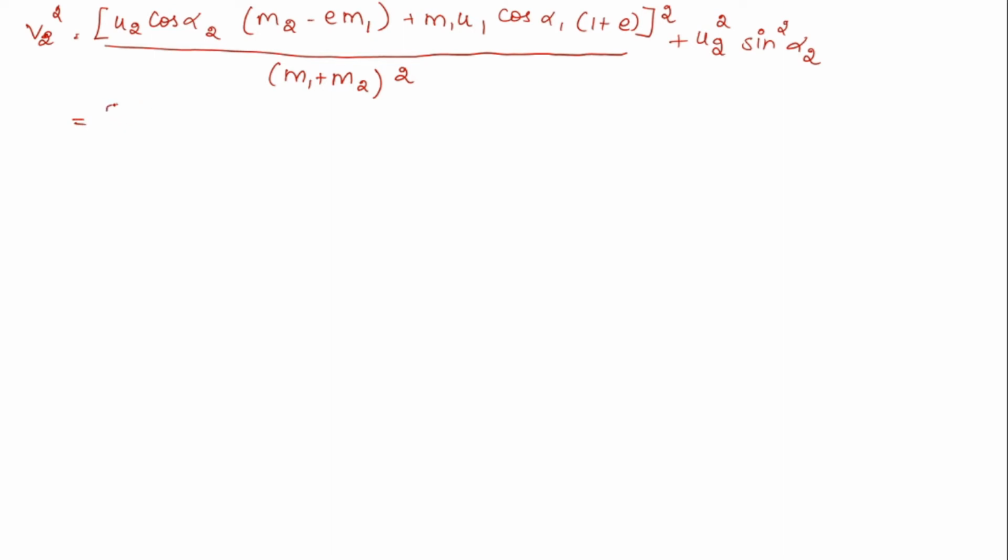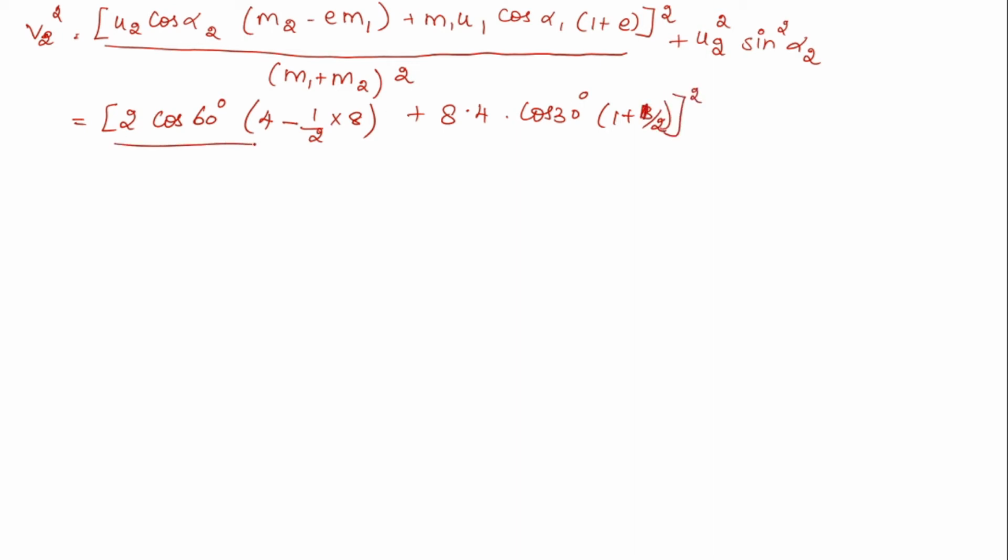Which is equal to, we know U2 is equal to 2, so it will be 2 cos alpha 2, which is 60 degree, so cos 60 degree, and your M2 is 4, right, and minus E is half, M1 is 8, plus M1 is 8, U1 is 4 and cos alpha 1 is cos 30 degree, into 1 plus 1 by 2, the whole square, divided by M1 plus M2 the whole square.